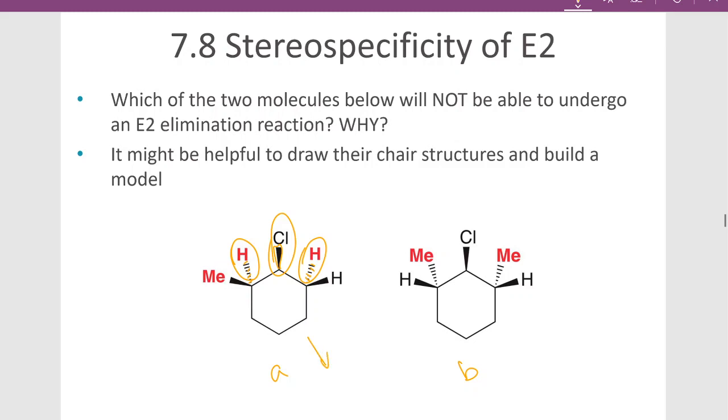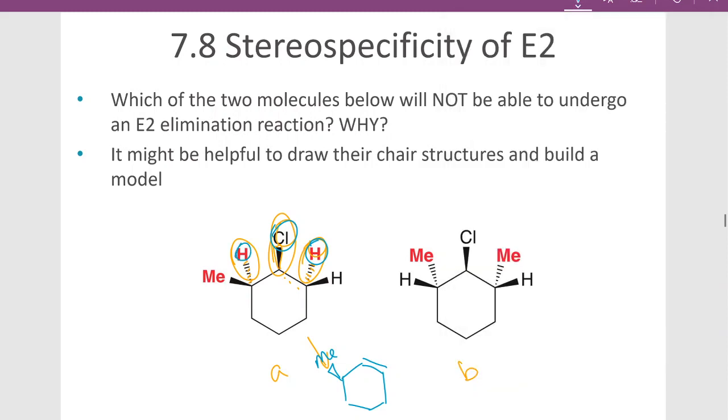So if it occurred on the right side, between this hydrogen and, let's do a change of color here, between this hydrogen and chlorine, we would get the methyl, nothing happened to the methyl. The chlorine is eliminated, and we get this product.